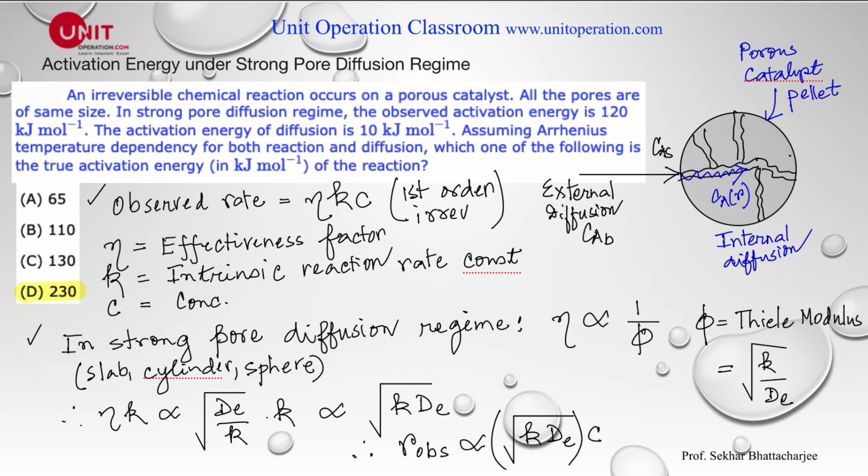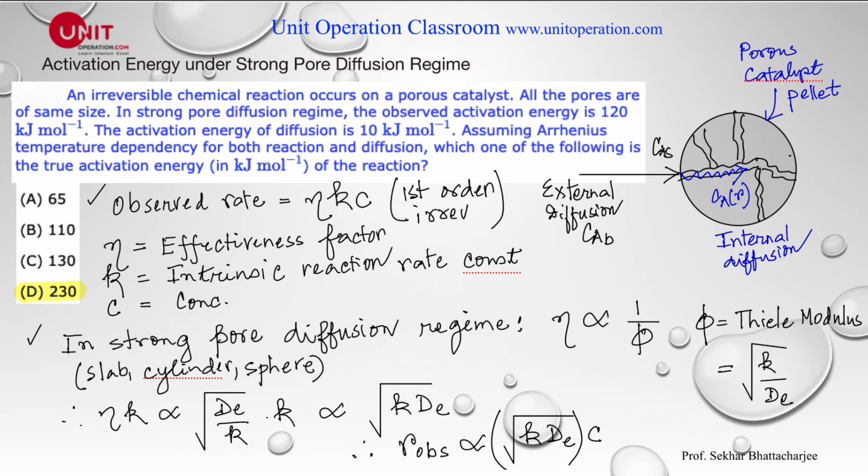But once it reaches a certain active site, then of course the intrinsic reaction occurs, and the reactants are converted to products, and then the products follow the reverse procedure, come back through the diffusion limitation inside the pores, and then go out in the bulk gas.